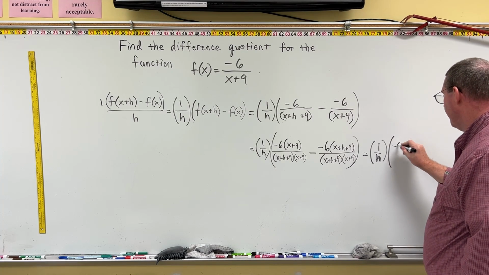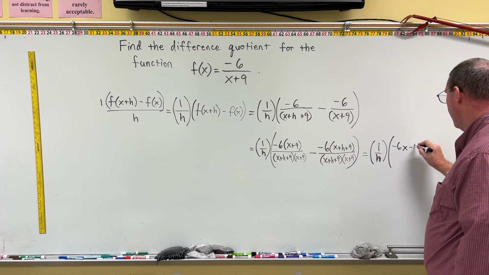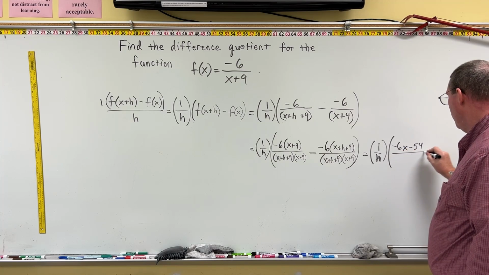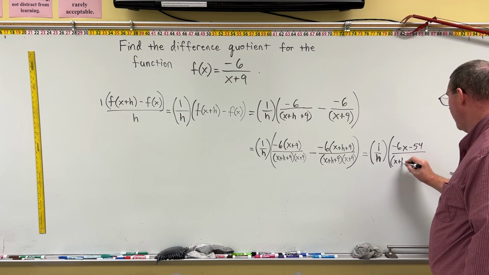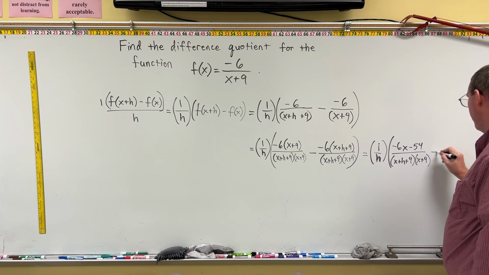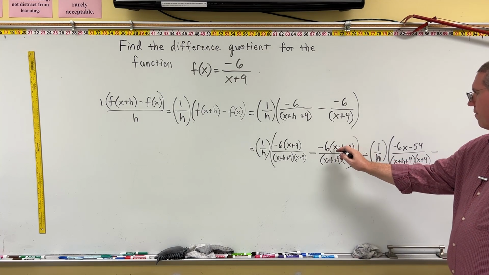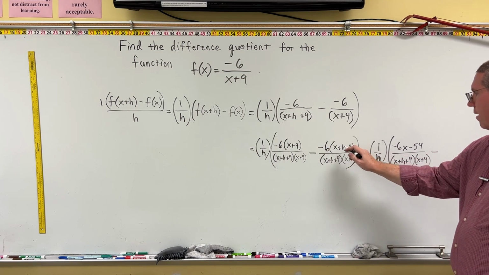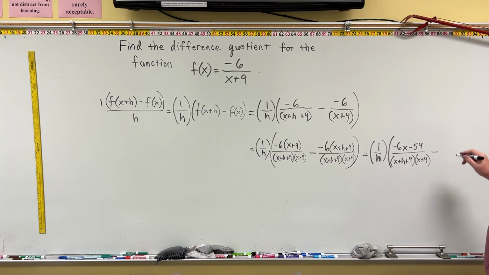So I'm going to have negative 6x minus 54 over (x + h + 9)(x + 9), minus. Here I'm going to do negative 6 times x, negative 6x, negative 6h, and negative 54. So I'll have negative 6x, negative 6h, minus 54.